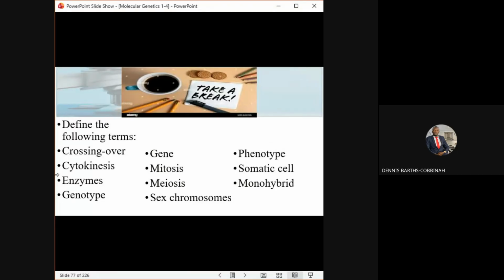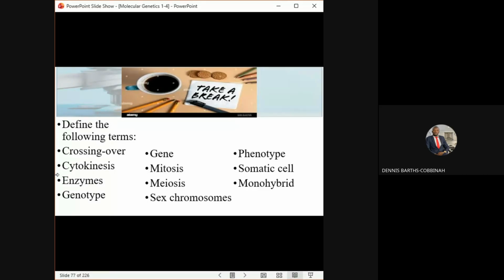Example, if you have a genotype of OA, your blood group is going to be A. If you have AA, your blood group is still going to be A, because A is dominant over O. The O allele is recessive to A. So if your genotype is AO, you are going to be A.